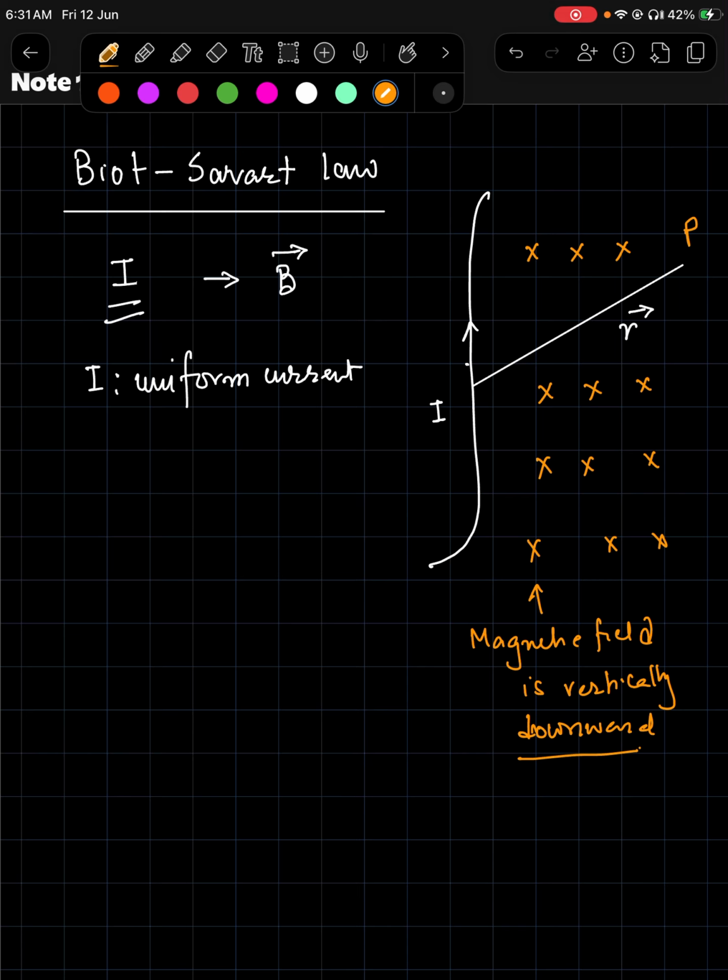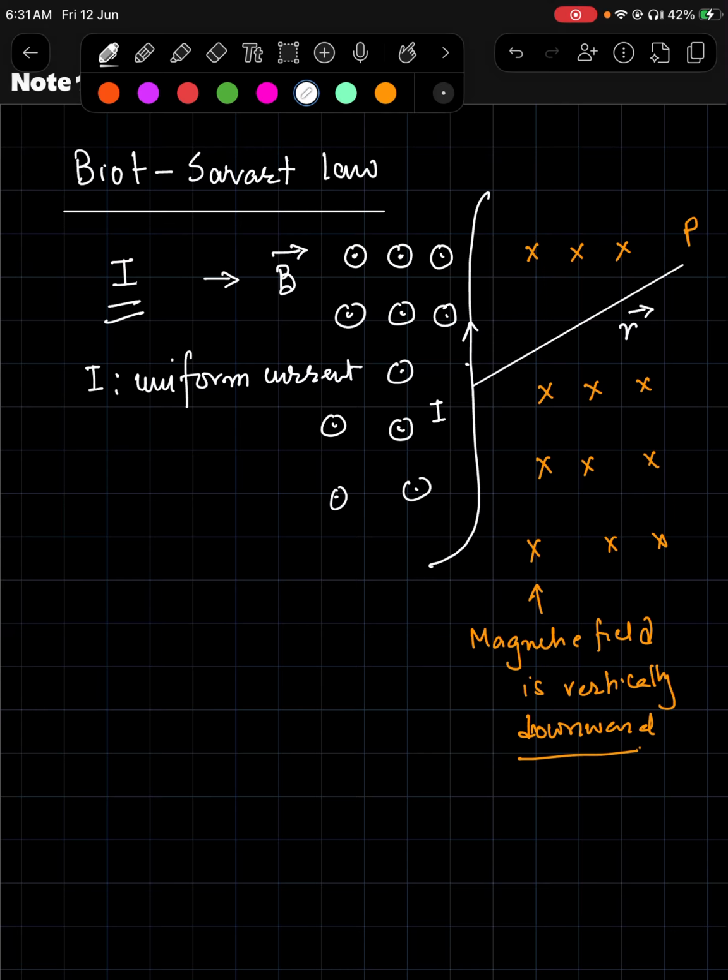So we have fixed the direction right now. And on the left side of the wire, it is always vertically outward. It is often denoted by a dot in a circle. So the direction is now fixed.